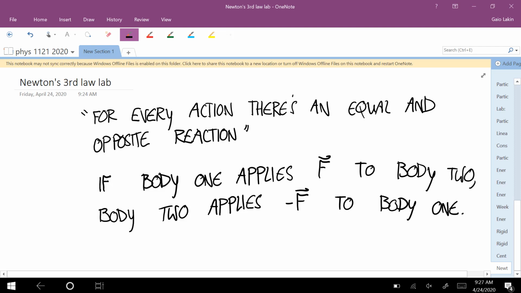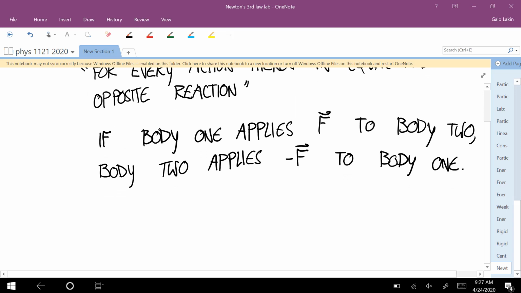And if you think about multiplying this vector F by a negative 1, that keeps the magnitude the same and just switches the direction.